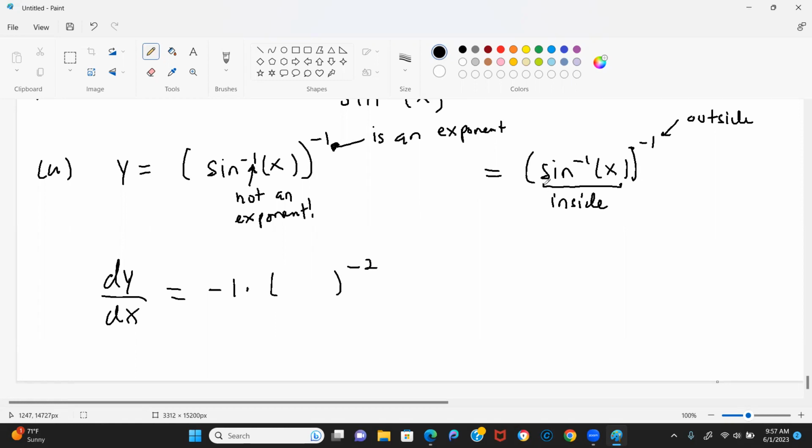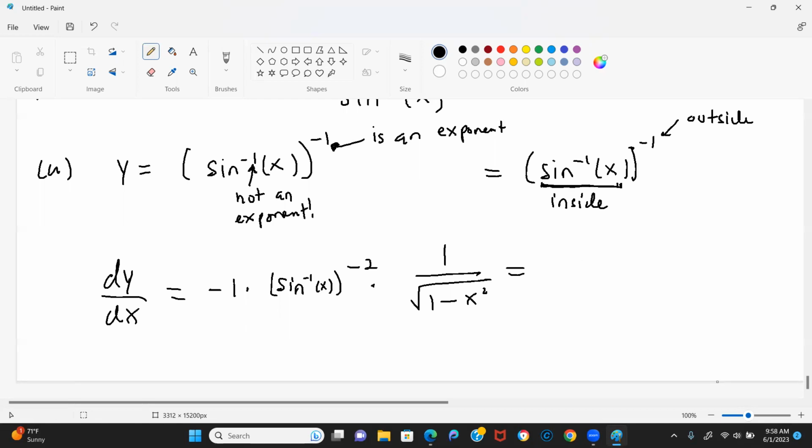-2, but now you have to evaluate it at the inside function. You have to compose it with the inside function. So it's going to be sine inverse of x. And then that's times the derivative of the inside function. And this one we just found. We found that the derivative of sine inverse of x is 1 over square root of 1 minus x squared.